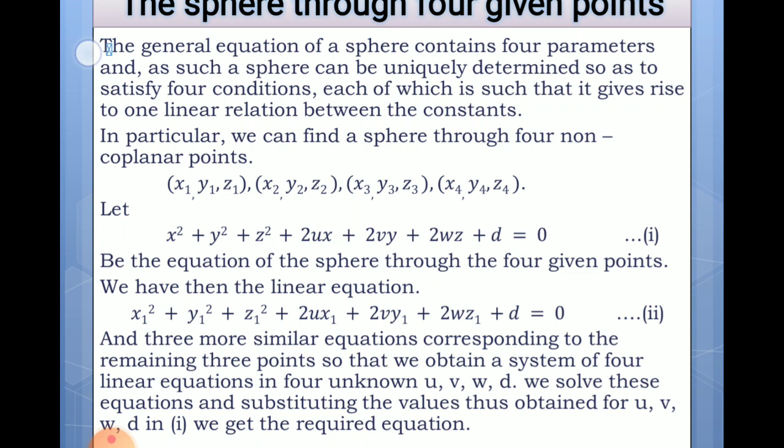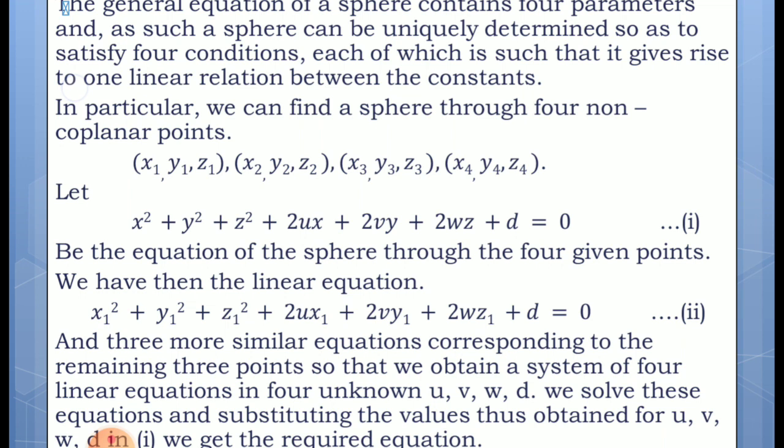At first, we shall consider that the sphere in equation 1 passes through the point (x1, y1, z1). As the point lies on the sphere, it satisfies the equation of the sphere, and therefore, putting the values, we get x1 square plus y1 square plus z1 square plus 2ux1 plus 2vy1 plus 2wz1 plus d equal to 0.